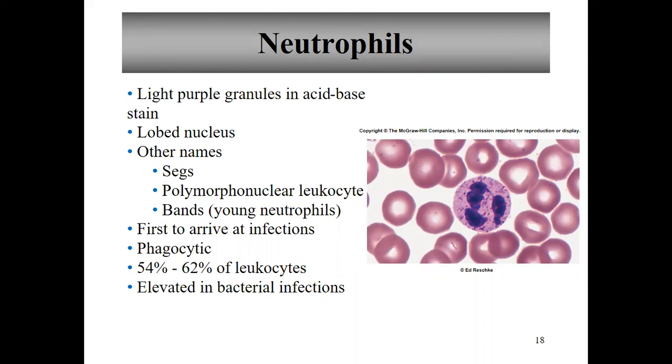So when a person has a bacterial infection and the clinician does a CBC or CBC with DIF, they'll notice in that lab work that the person has elevated white blood cells, particularly neutrophils. Usually that means that the neutrophils will be greater than 62% of the total amount of leukocytes in that sample.